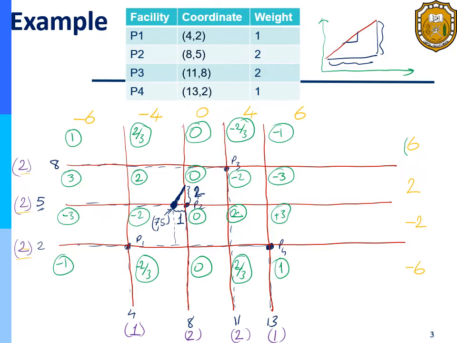Okay, if this distance is 2, then what is the y coordinate of this point? Can you tell me? So 5 was the y coordinate of this line, and I am moving 2 units up, so the y coordinate will be 7.